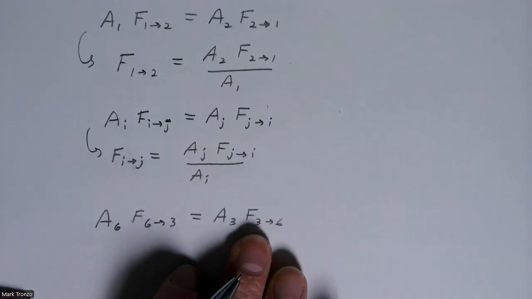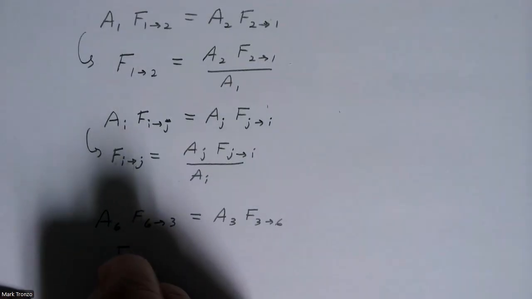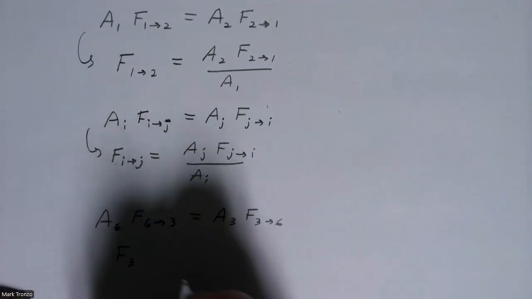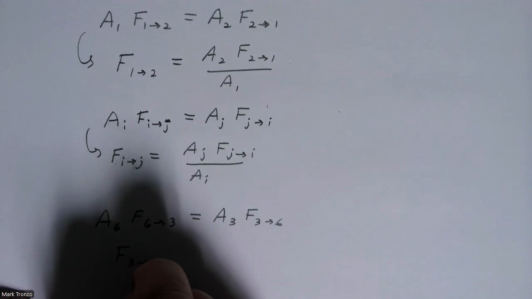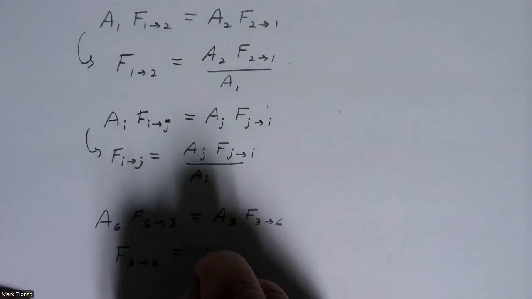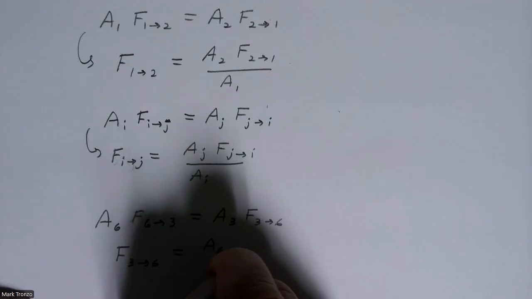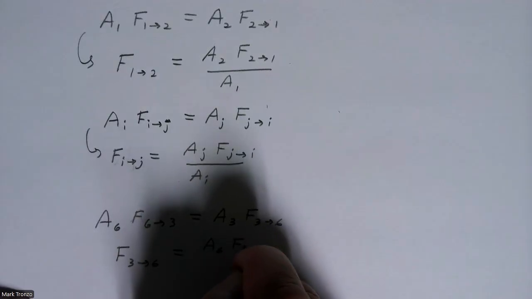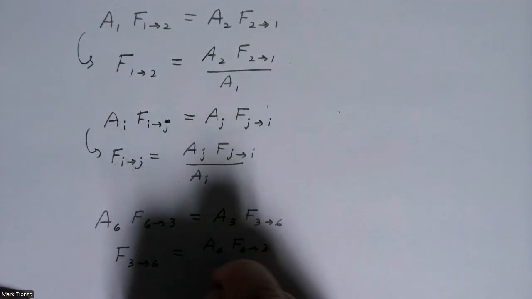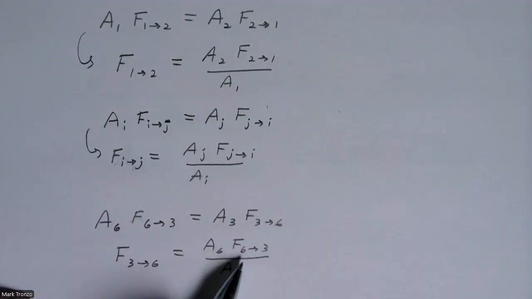And again, sometimes maybe we'll want F3 to 6. Again, just solve that: A6 F6 to 3 divided by A3. Again, these will always match.